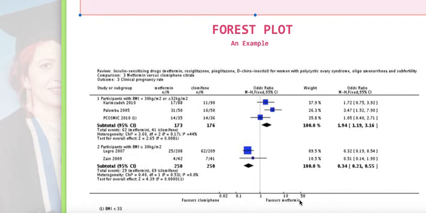So I'm quickly thinking like this: these boxes are on this side, this represents metformin, and this intervention was effective in participants who had a BMI of less than 30 or less than 32. On the other hand, these boxes are here. We don't have time in the exam, so I'll quickly see that this says clomiphene, so in which group was clomiphene found to be effective? These are the participants with BMI more than 30.